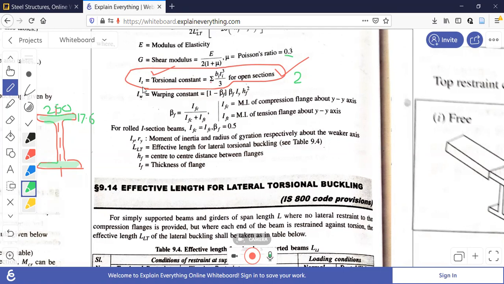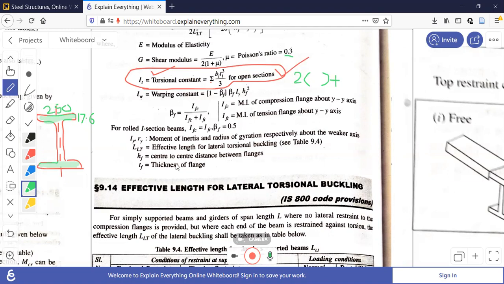So here, torsional constant is calculated like this: 2 into b t cube by 3, 250 into 17.6 raised to 3 by 3, plus. I'll show you when I remove this page and start that solution.